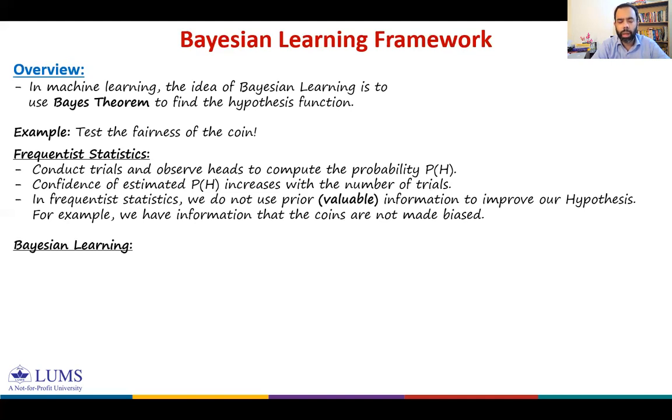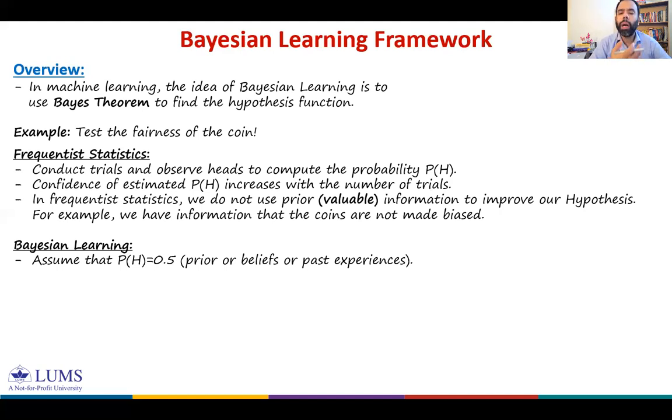In Bayesian learning, we'll start with an assumption that probability of head is equal to 0.5. So this is coming from our past experiences. We call it a prior information we have, or these are the beliefs we have about the probability of head.